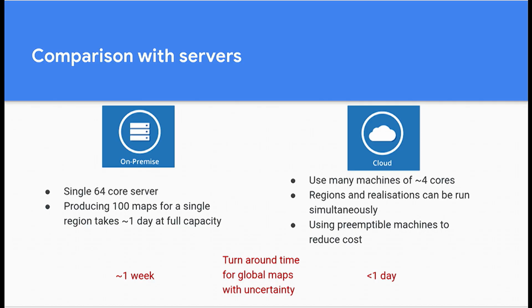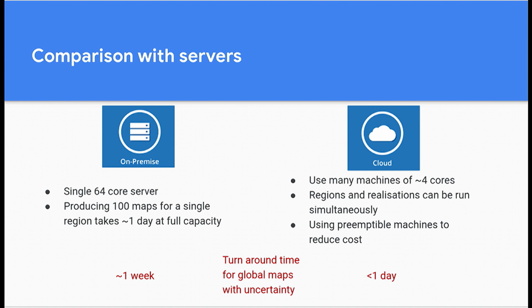So if we compare this with our in-house on-premise servers, I might have a single 64-core machine. So I've been talking about these global maps. We actually run the maps region by region, and we have 7 regions. So instead of doing one run for the globe, we do 7 different.